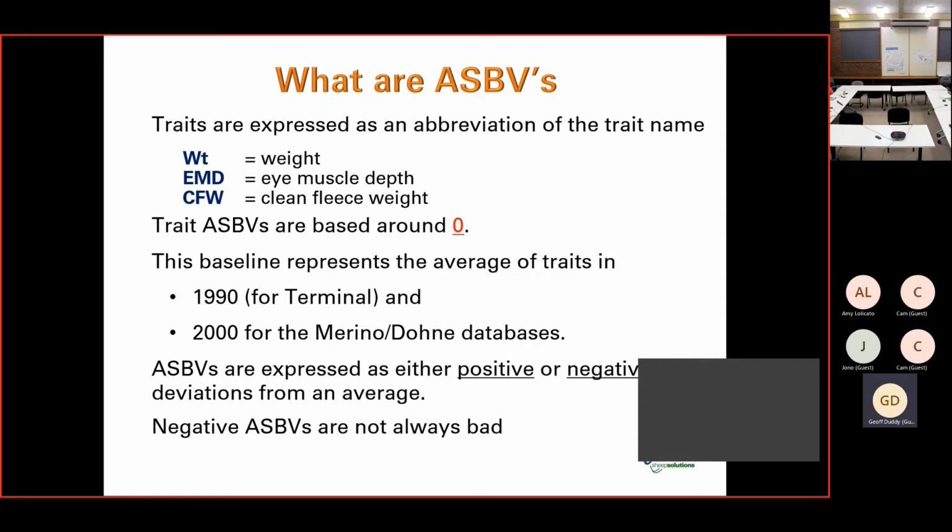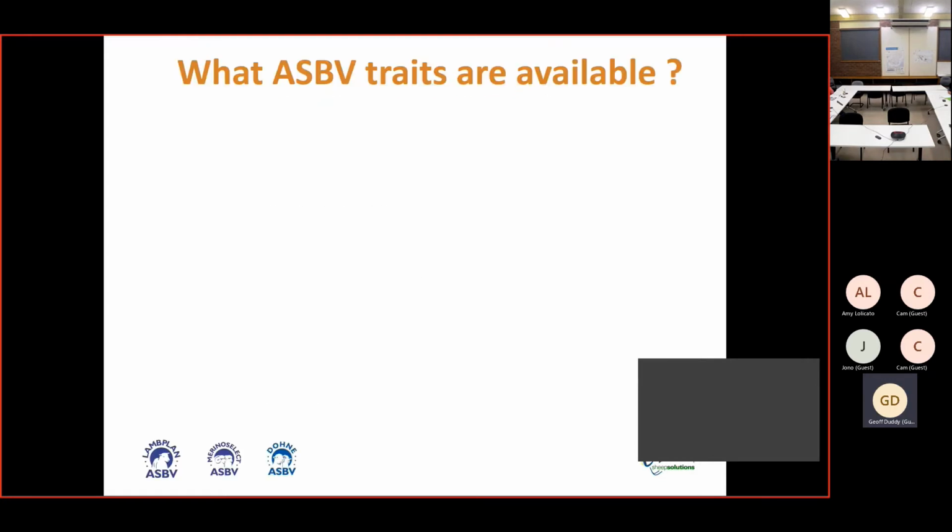Another example of a negative ASBV might be fibre diameter. So you can look at the raw measurement of the animal on the sale catalogue, and then see where that fits on the ASBV for fibre diameter. It'll tell you whether or not you're likely to maintain or slightly improve on fibre diameter, or indeed even go stronger.